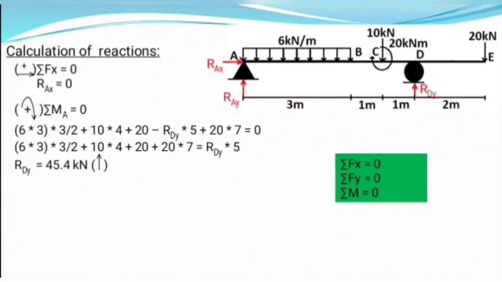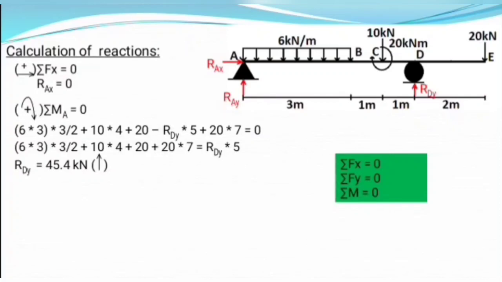Here we consider the original direction of RDY as upward, and we obtained a positive value of 45.4 kilonewton. So our original direction of RDY was correct, and it acts in upward direction.